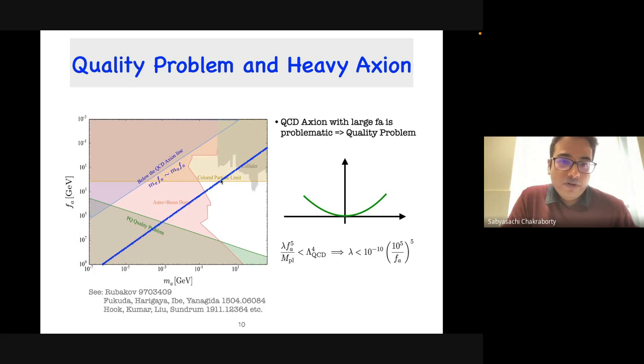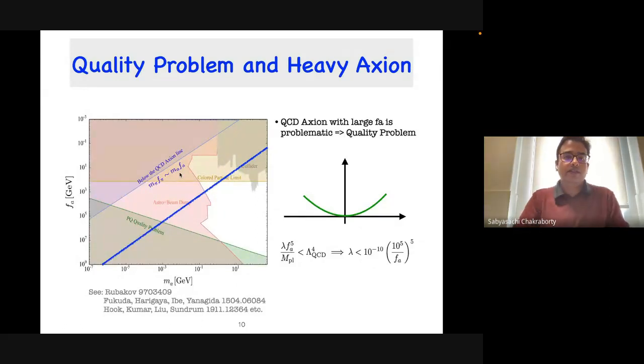So what we will focus on are lines which schematically pass through this region. There are two motivations: the parameter space is completely open, and you also ameliorate the quality problem. However, in order to do so, you need to break this relationship. A lot of model building work in the recent past has gone in this direction, where such a mass relation can be violated.